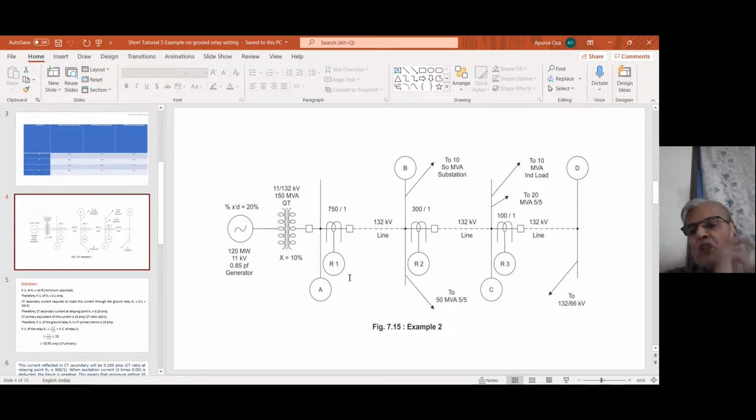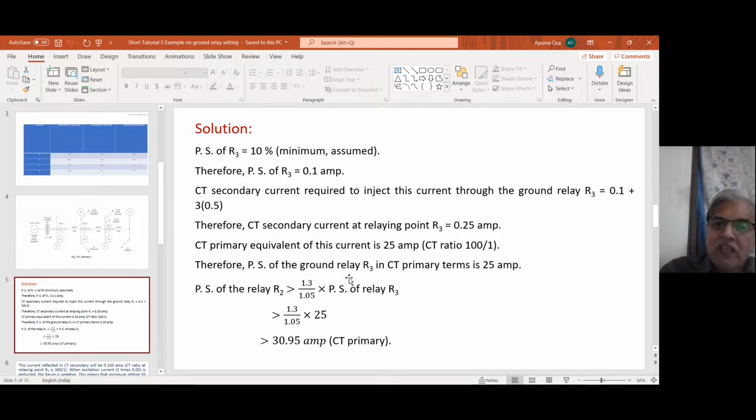My dear friend, it is not 10, which we were taking in phase relays. When I said plug setting of R3 as 100%, I was taking plug setting in primary terms directly as 100, which I cannot do here. I cannot take 10% as 10. But we have seen that here the plug setting in primary terms becomes 25.